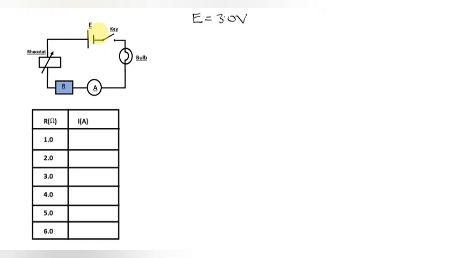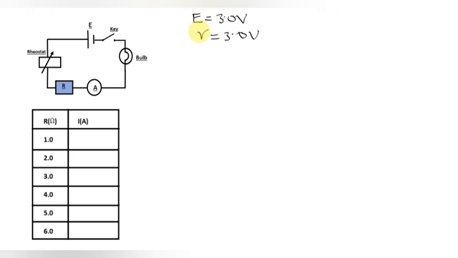I'm assuming I have a new set of batteries, and I'm going to peg the internal resistance at 3.0. Why is it 3.0? Because I have two 1.5 volt cells combined together, so the internal resistance is 1.5 plus 1.5, which gives 3.0. So the internal resistance, small r, is also 3.0.